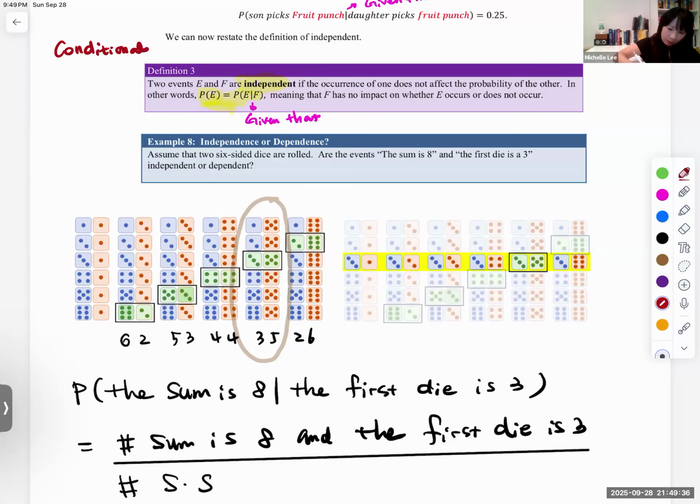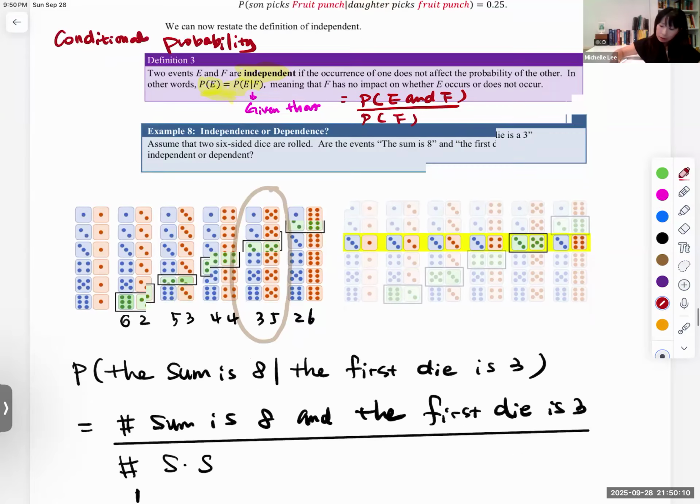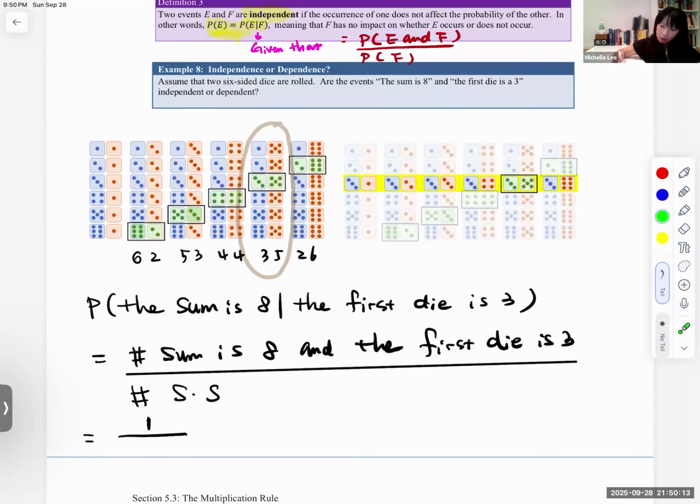The probability of event E given event F is the probability of event E and F divided by the probability of event F. In that case, sum is 8 and the first die is 3 is the numerator.